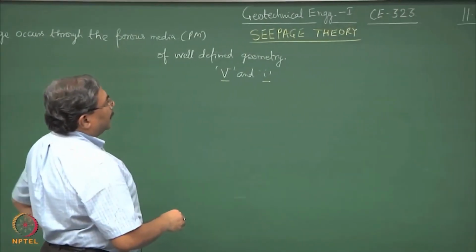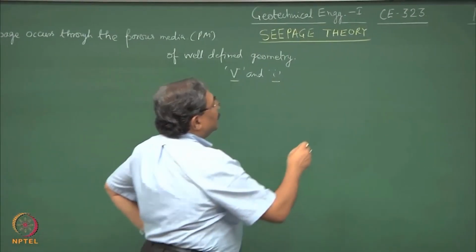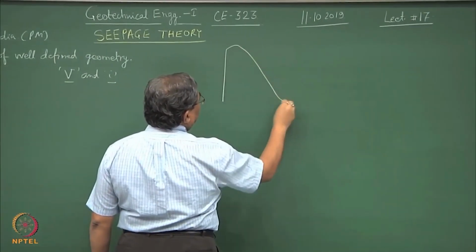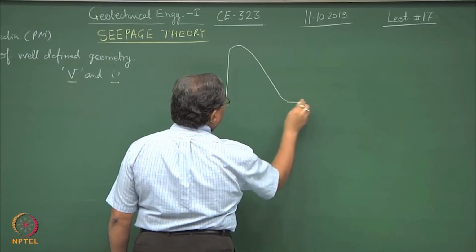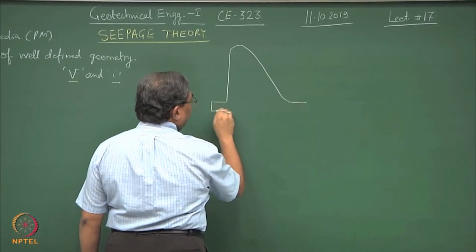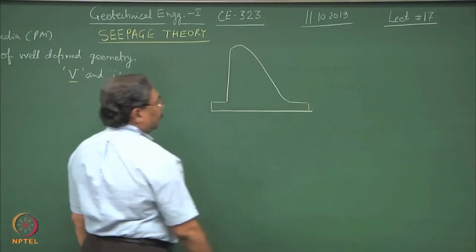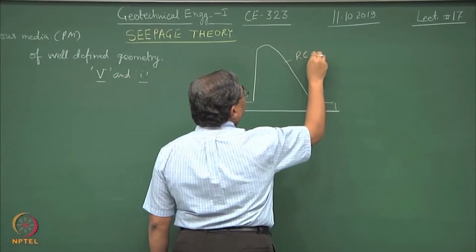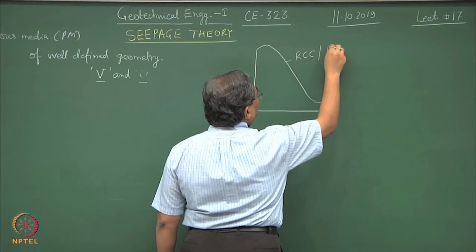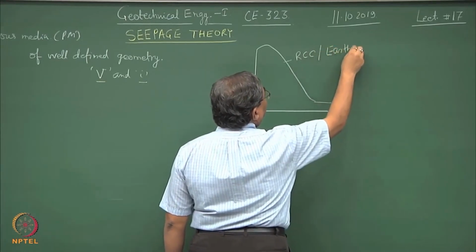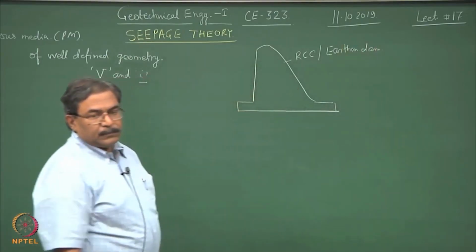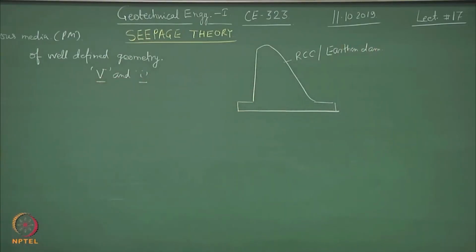Suppose I say that there is a dam body. Now this dam could be made up of RCC or this could be an earthen dam. All right.